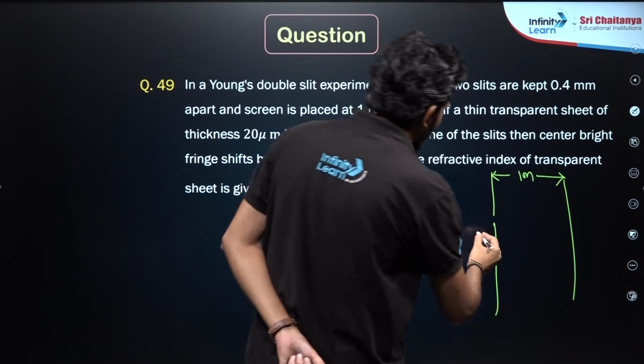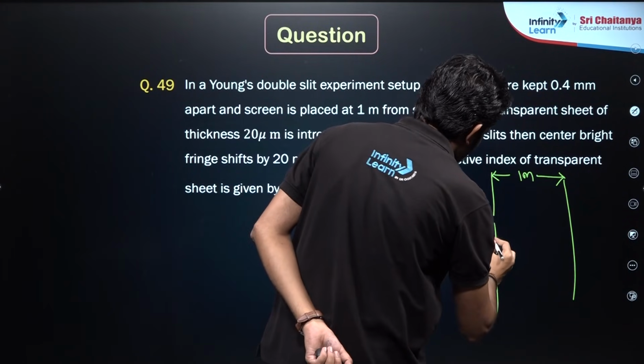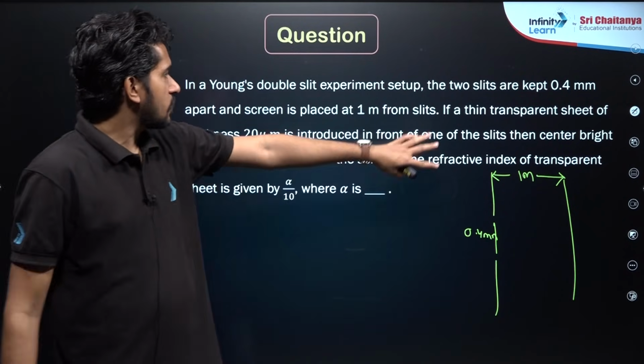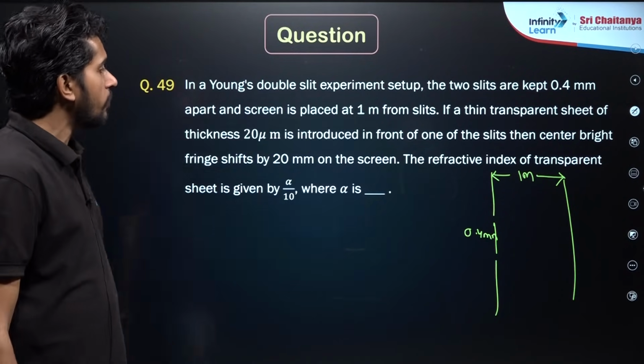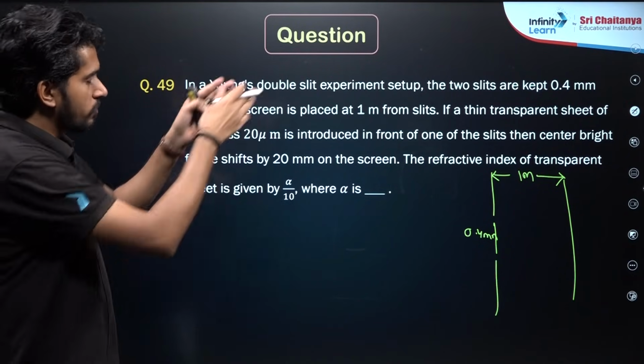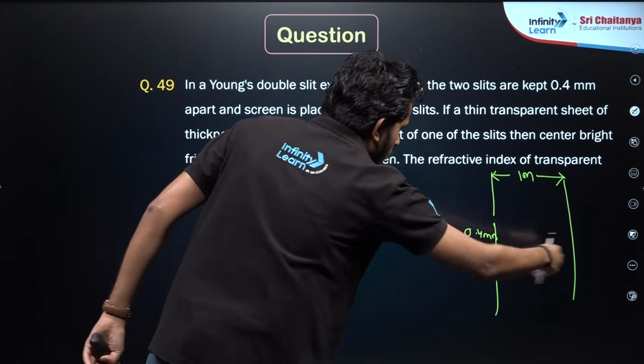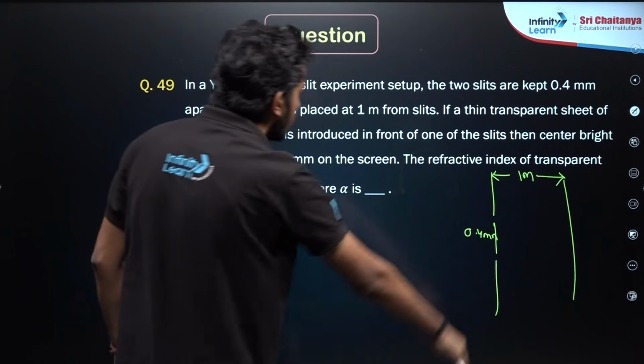So the distance between slits is 0.4 mm and the screen is 1 meter apart from these slits.